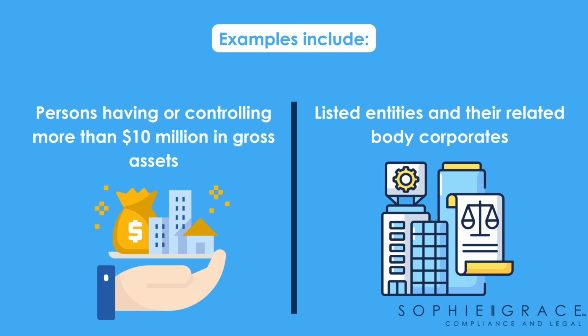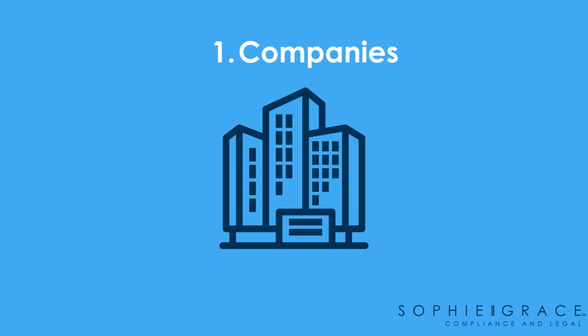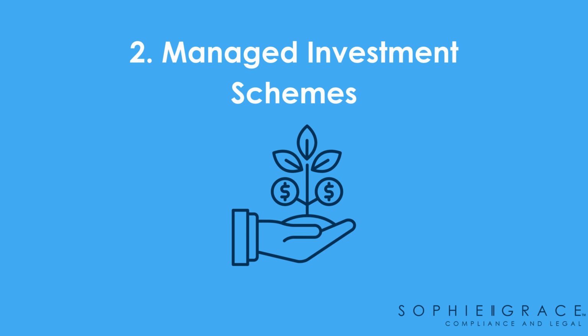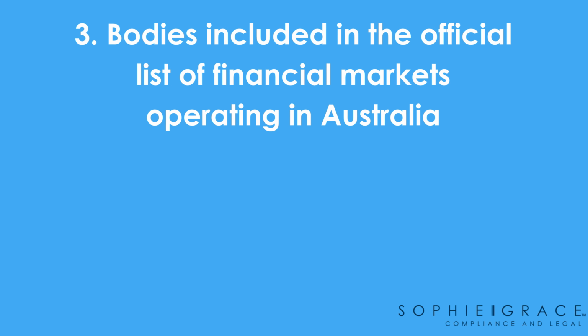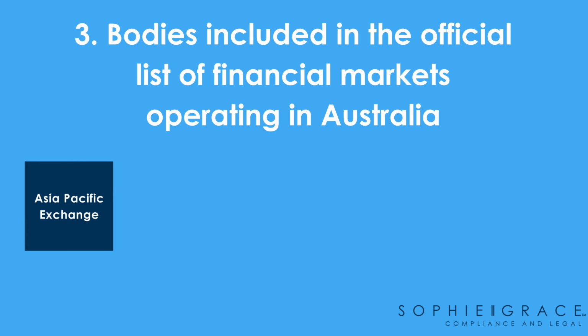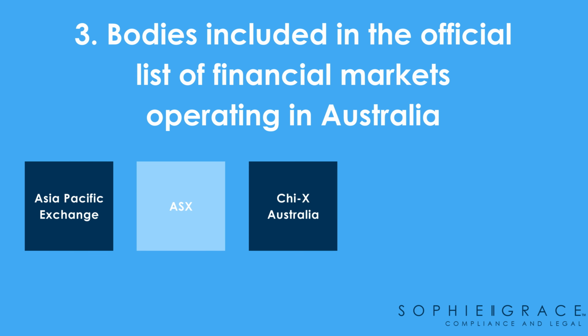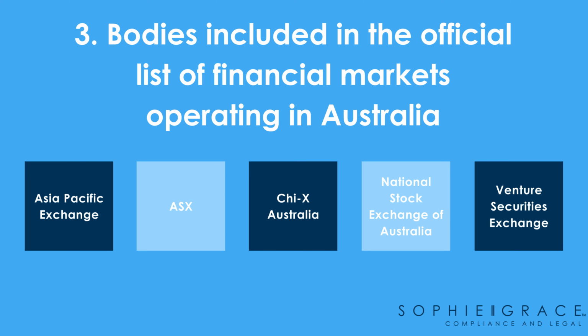Secondly, listed entities and their related body corporates. Listed entities include companies, managed investment schemes, or other bodies included in the official list of financial markets operated in Australia. Currently, these are the Asia Pacific Exchange, the ASX, Chi-X Australia, the National Stock Exchange of Australia, and Venture Securities Exchange.